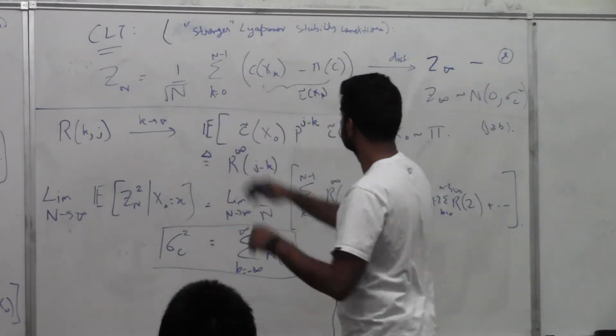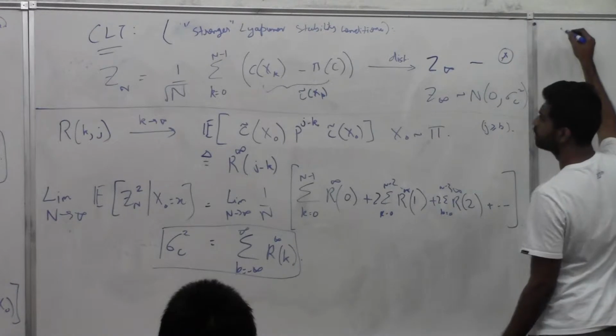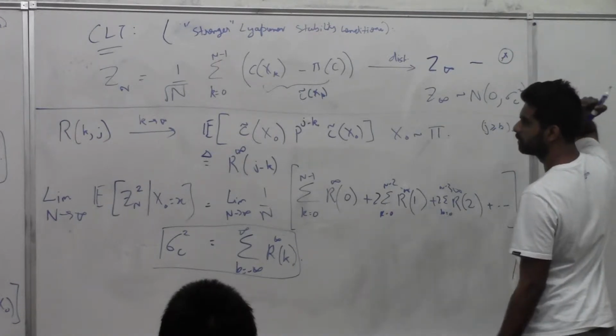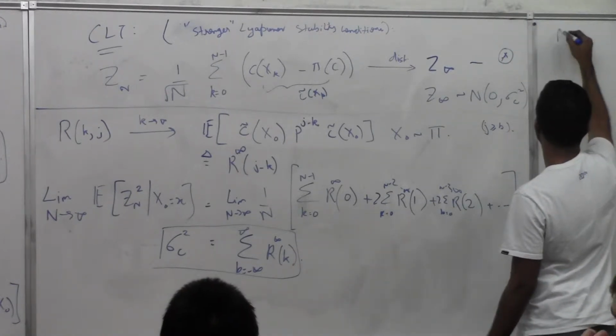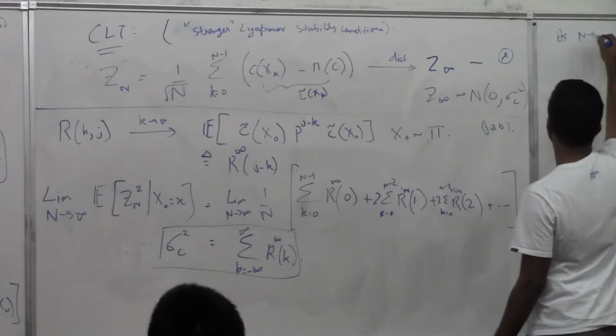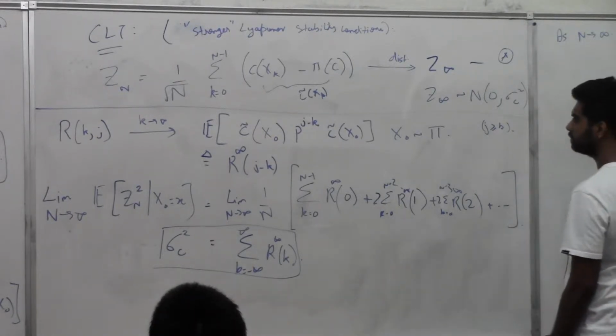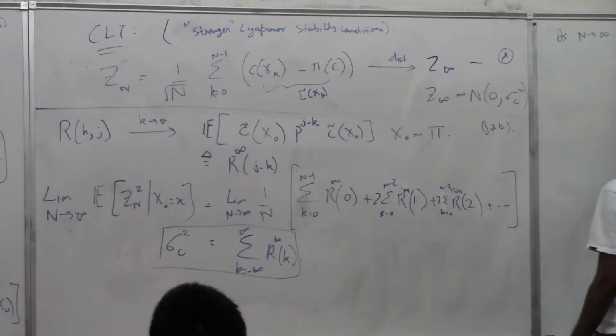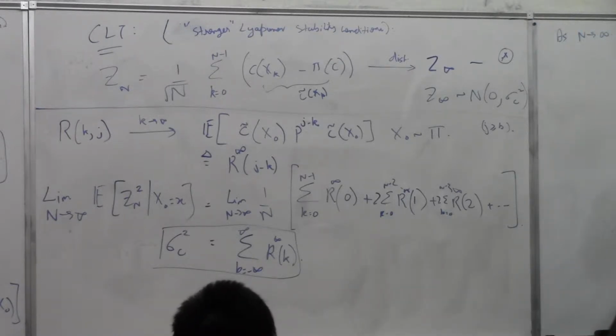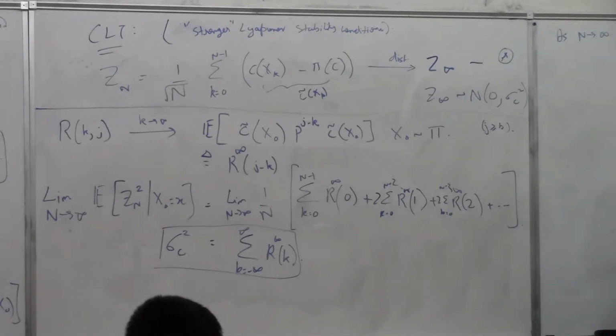So what we have here is limit Zn, right?